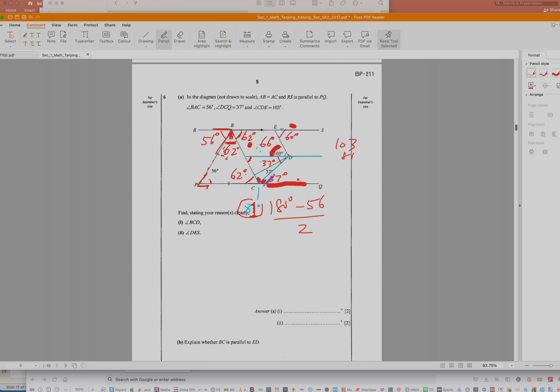So this is okay. 81 plus the 37 first. Minus the 180. What's that? Negative 62. Good. So it's 62.